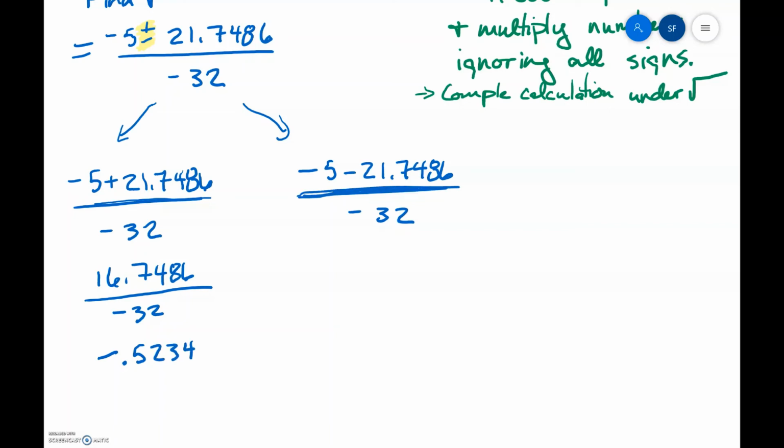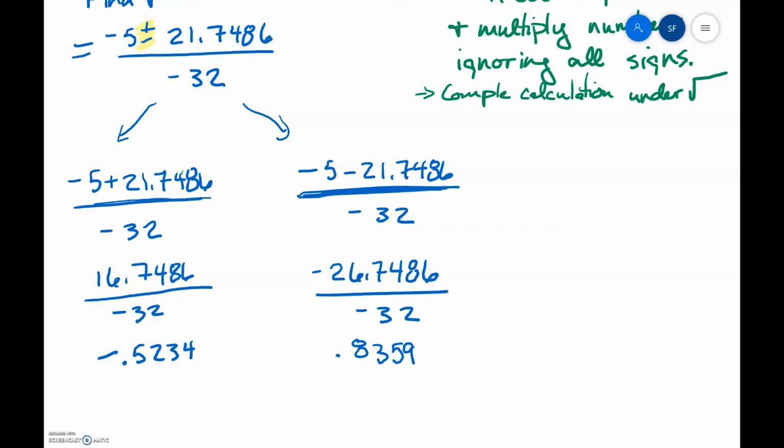And over here, we've got -26.7486 over -32. And if you divide that out, then you get 0.8359. Okay, so we've calculated it.